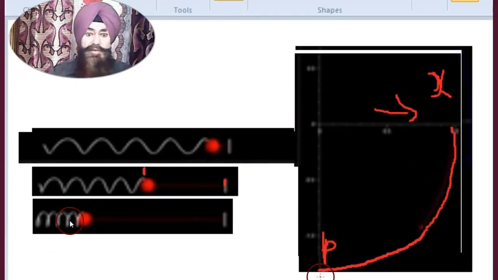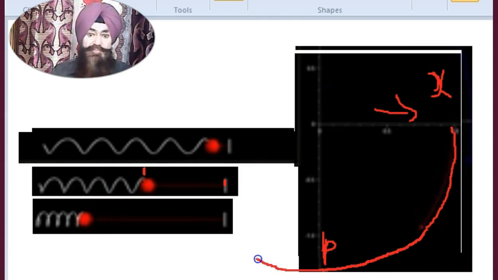Now coming to this extreme position, it is more compressed and the mass goes to the other extreme position. Okay, now what happens to the trajectory?